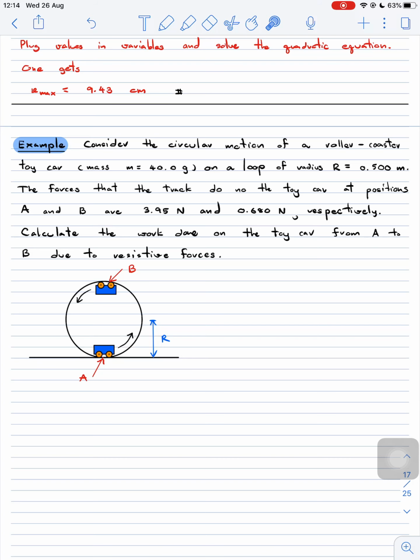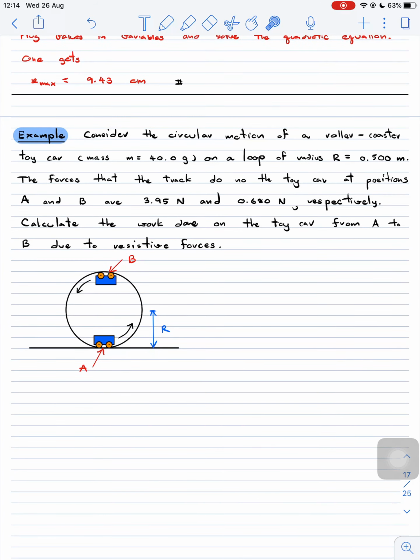Another example. Okay, so consider the circular motion of the roller coaster toy car. So we have the toy car here, right, with the mass equal to 40 gram. So it's just quite small. On a loop, right, of the radius equal to 0.5 meter. So we have the vertical loop here. The gravity g just points in this direction. Radius of the loop equal to R, right?